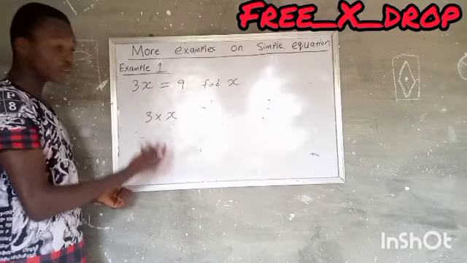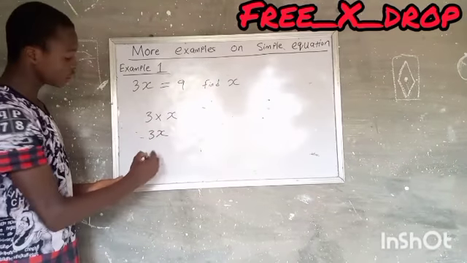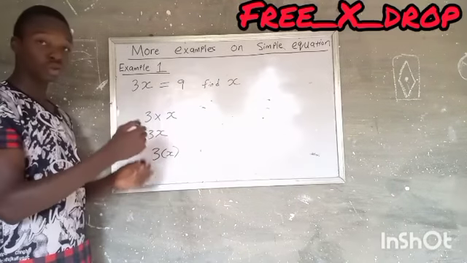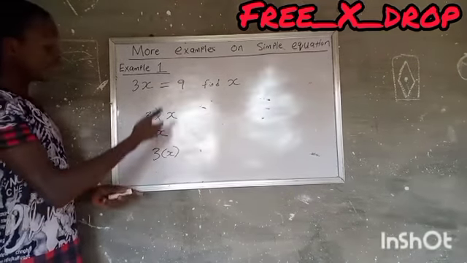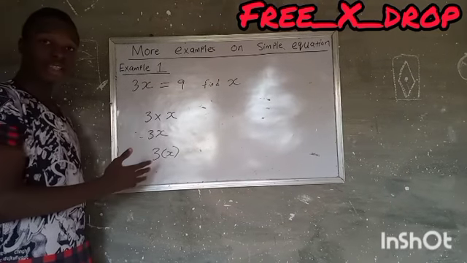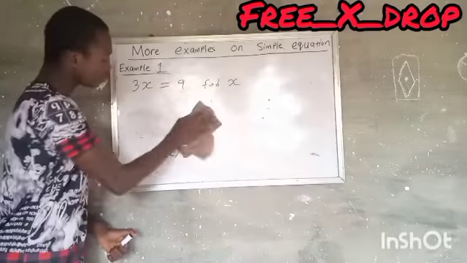This shows multiplication. 3x shows multiplication. 3 bracket x also shows multiplication. So in any form it comes, just know that it is multiplying, not dividing, not adding, not subtracting. So now we're going to continue.